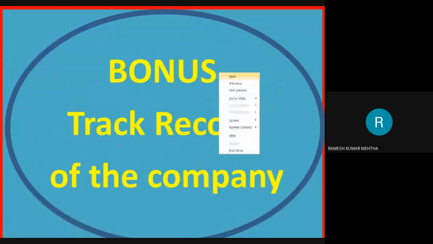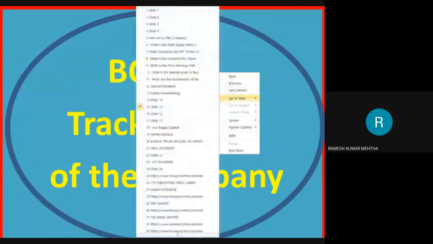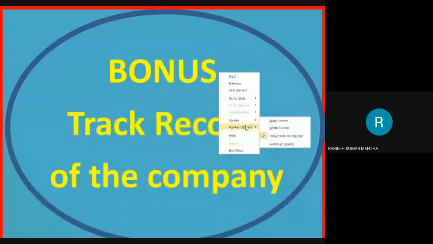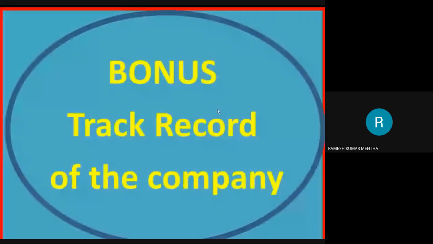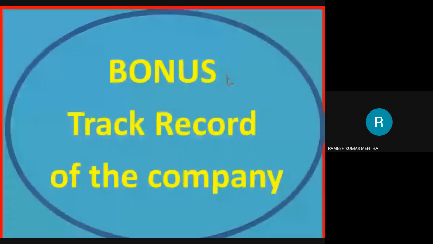From there we come to know how the bonus is calculated, or how the reserves and surplus are capitalized and converted into shares. For example, I will give a small example. Equity share capital is 10,000 shares of rupees 10 each, and reserves are some 50 lakh rupees. So out of this 50 lakh rupees, a bonus is declared.